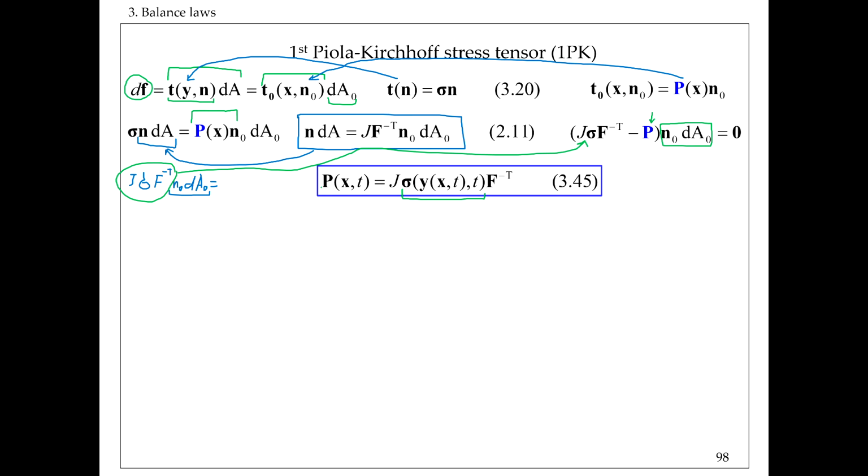And P is nothing but a mapping of that stress into the undeformed configuration. What happens here is that the force is still the same that is applied, but what you transform really is the area.